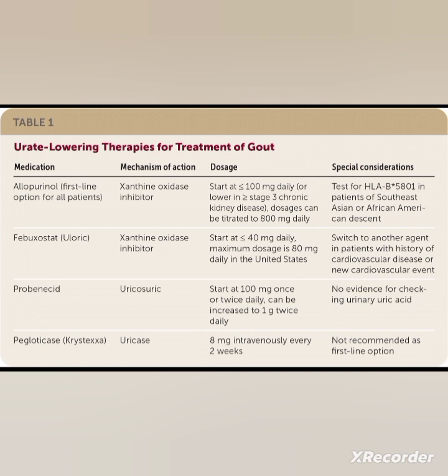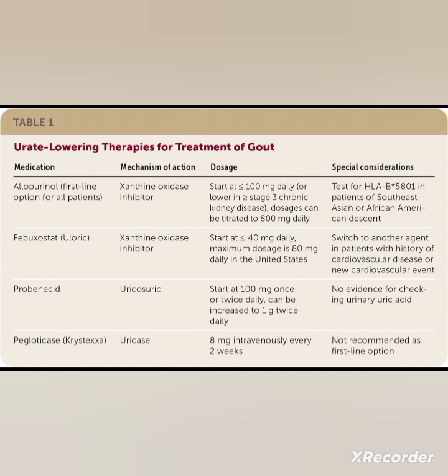Then dietary modifications: we have to avoid foods that contain high purine, for example red meat, then liver, then wine, beer, etc. Then avoid alcohol.